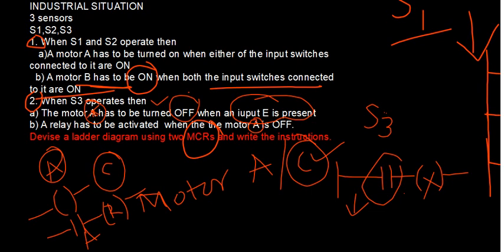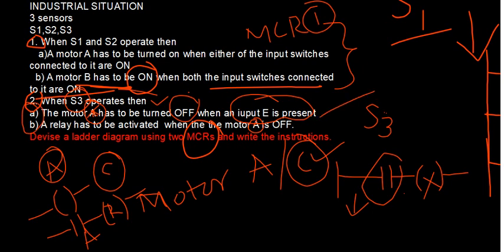So in this way you should be able to... once a master control relay's role is over, you can always reset it, right?